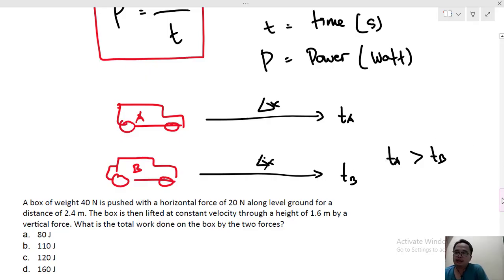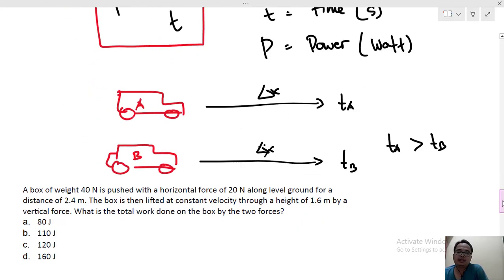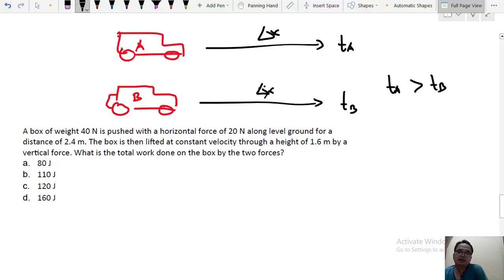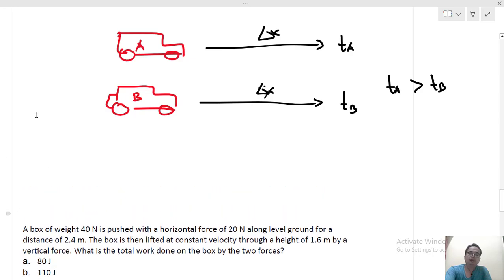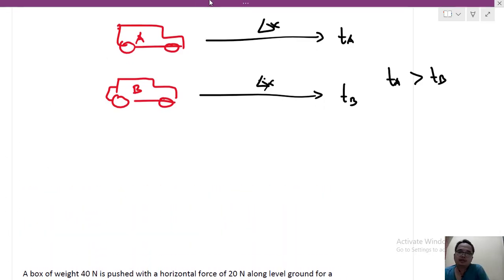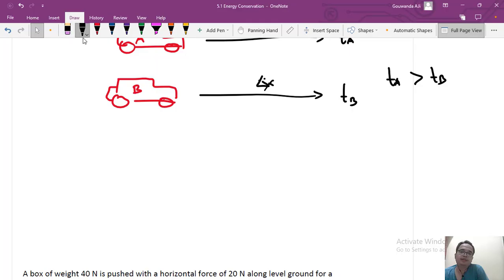And then we will derive W over T to F v.